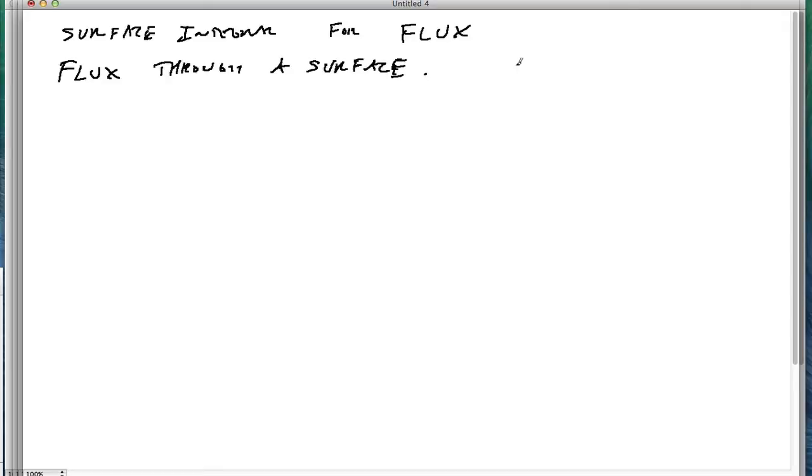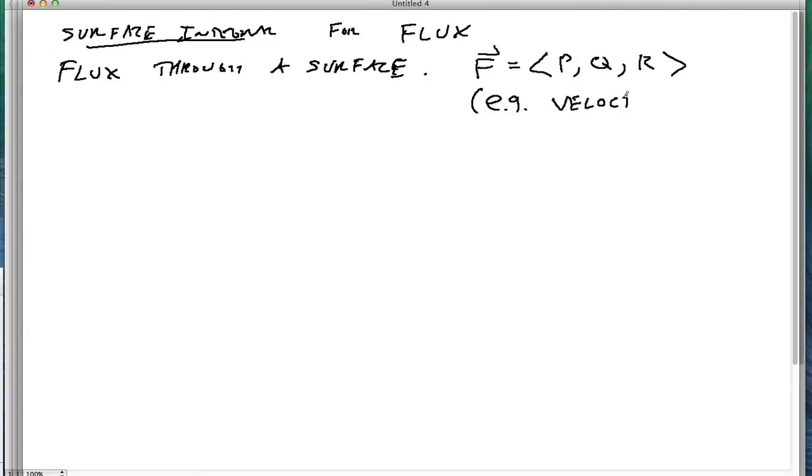All right, so this is a surface integral, and what we need then, we're going to get a vector field, which in this case we'll just say is P, Q, and R, just like before. And it defines, perhaps, a velocity field. That's the most concrete.